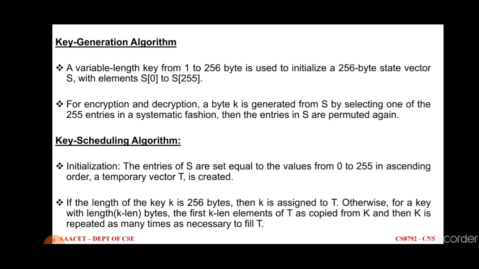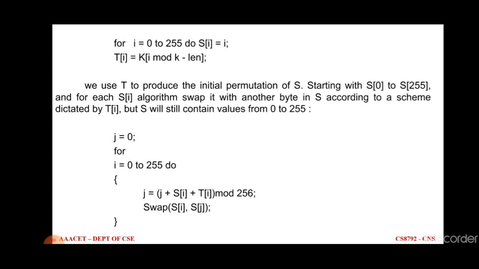S is the state vector. Key scheduling algorithm is nothing but creating one temporary vector, capital T, because key scheduling means the key has to be changed. So we create one temporary vector T for setting the entries from 0 to 255 in ascending order.